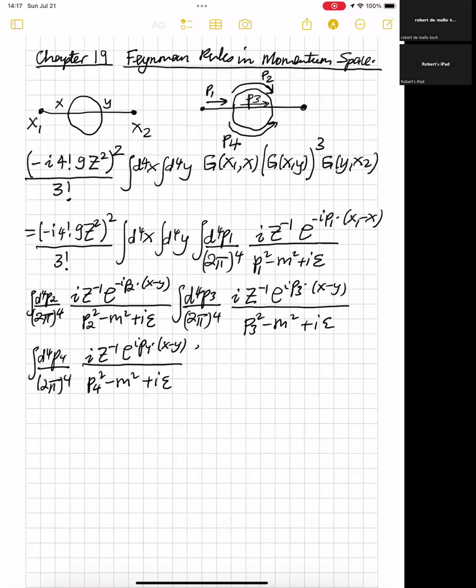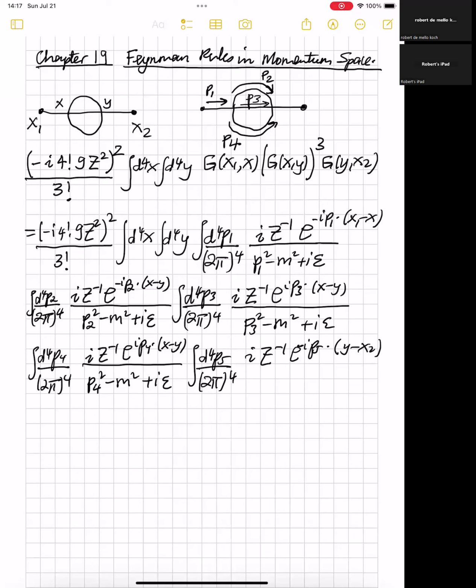And then we've got one more Green's function to take care of, an integral d4 P5 over (2π)^4 i z inverse e to the i P5 dotted into, what is it? It is y minus x2, but it's minus i P5.